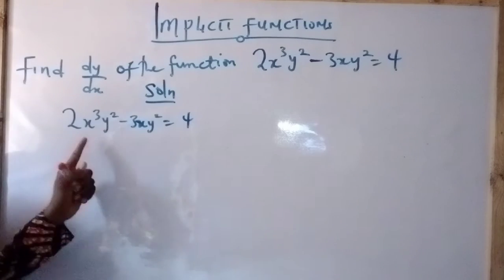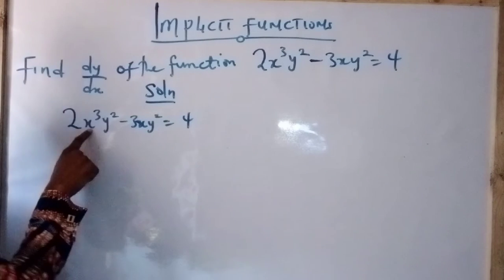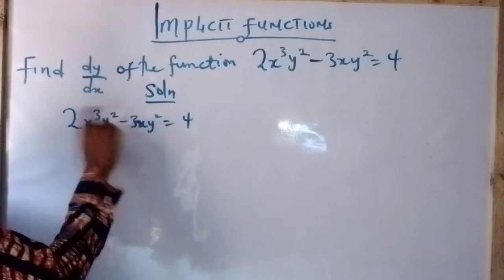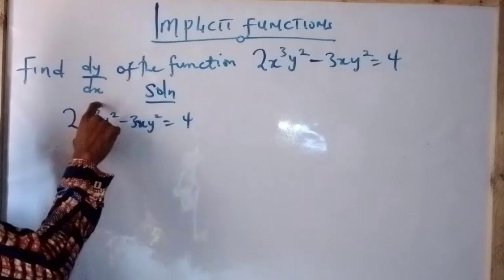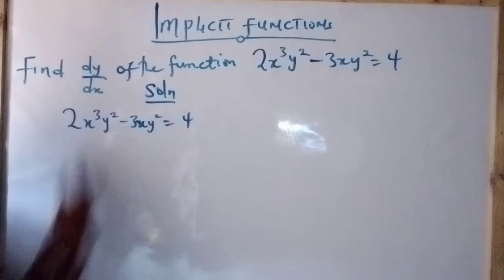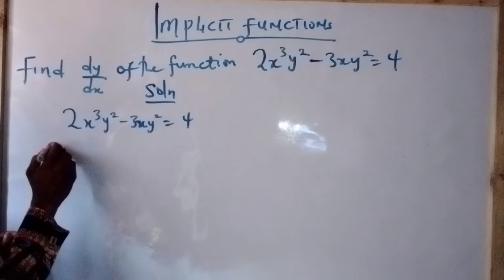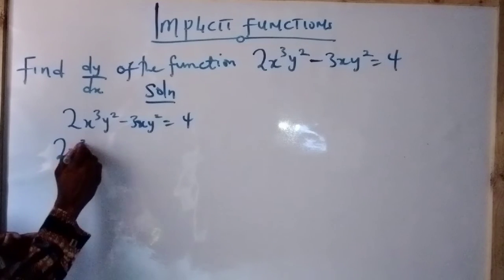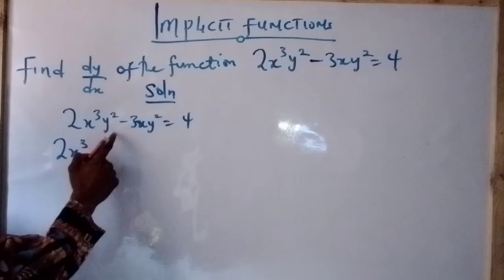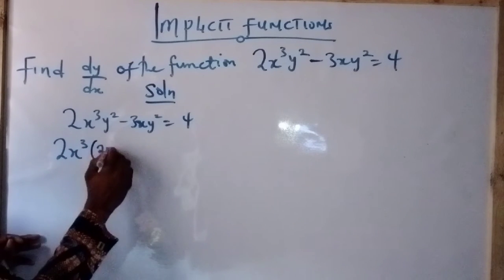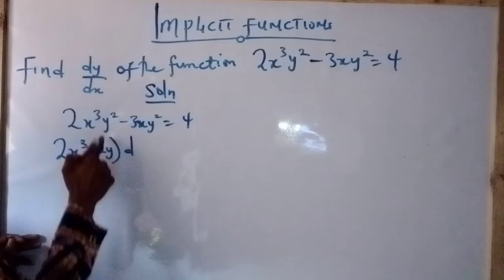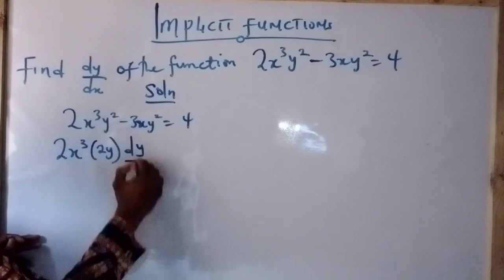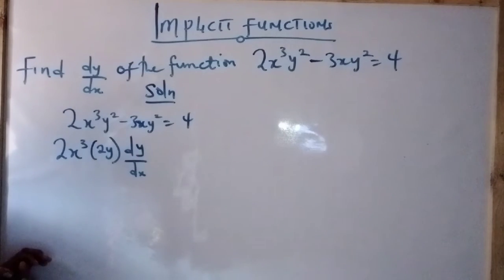Now, you differentiate x, you keep y, or you differentiate y, you keep x. If I keep x and I differentiate y, that means I'm going to have 2x cubed, and y squared becomes 2y when you differentiate y alone. Since you differentiate y, it's going to be dy/dx.